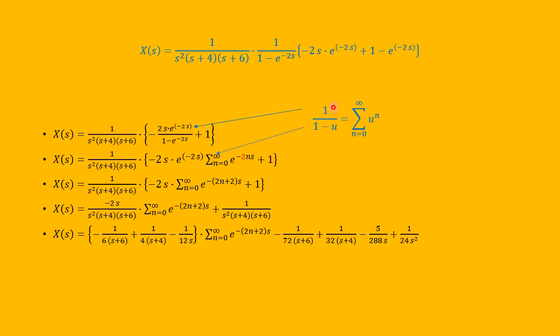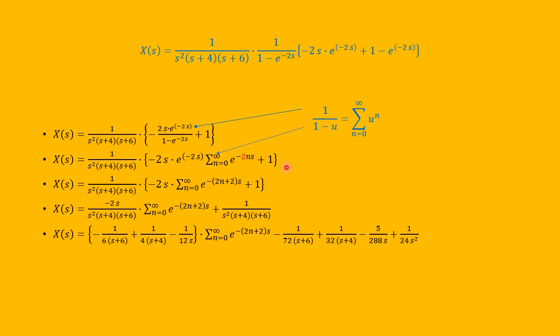Let's remember that for small values of u, 1 over 1 minus u can be expanded as the sum where n goes from 0 to infinity of u to the n. So 1 over 1 minus e to the minus 2s can be written in that case as the sum n goes from 0 to infinity e to the minus 2 times n times s. That's the same thing as e to the minus 2s raised to the nth power. Okay, so this part should now be clear.